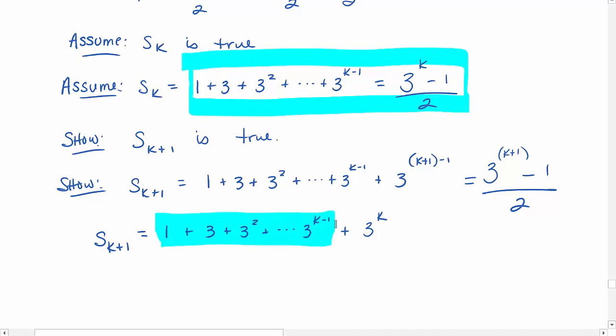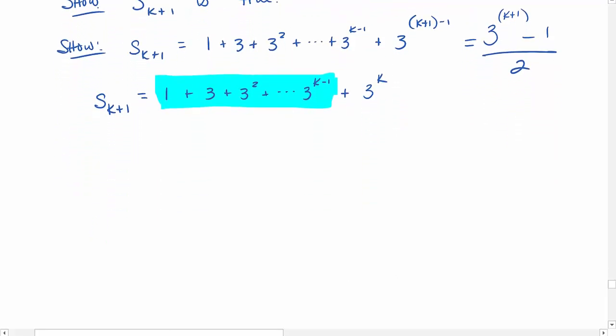So we're going to substitute this S sub k for (3 to the k minus 1) divided by 2. And then we still have this plus 3 to the k.